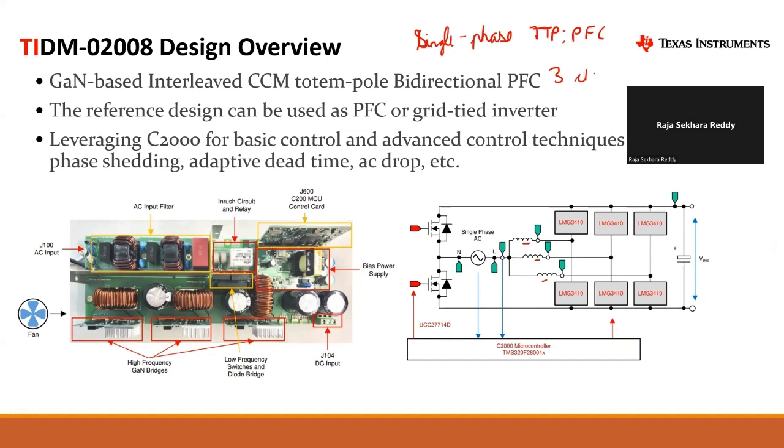So the supply has a single phase AC supply, but there are three legs, and they are phase shifted by 120 degrees to reduce the overall input current ripple, etc. So this is the standard topology which is being used, and it has various advantages. It is bidirectional, so it could operate as a power factor correction, that is a rectifier, or it could operate as an inverter as well.